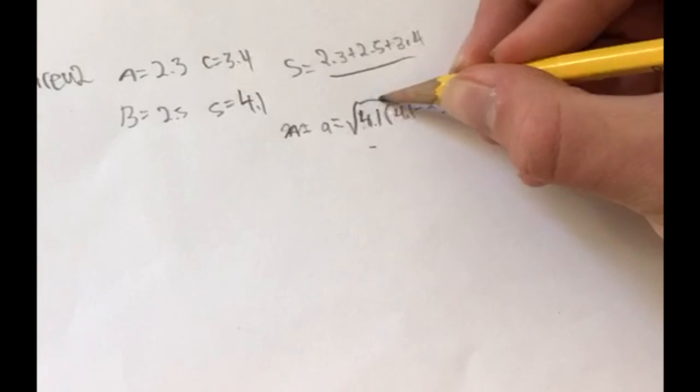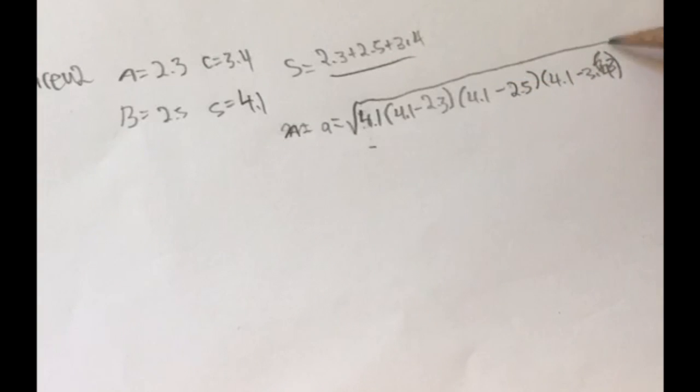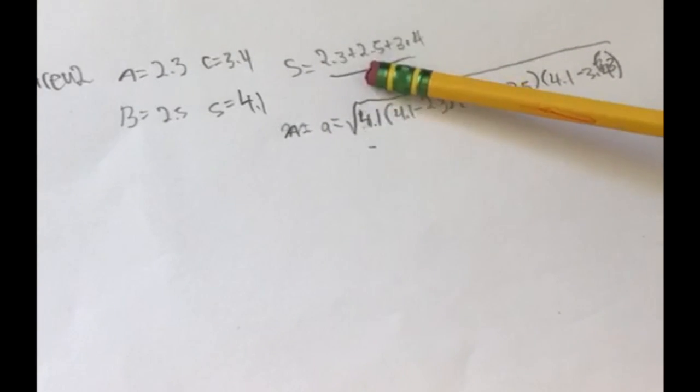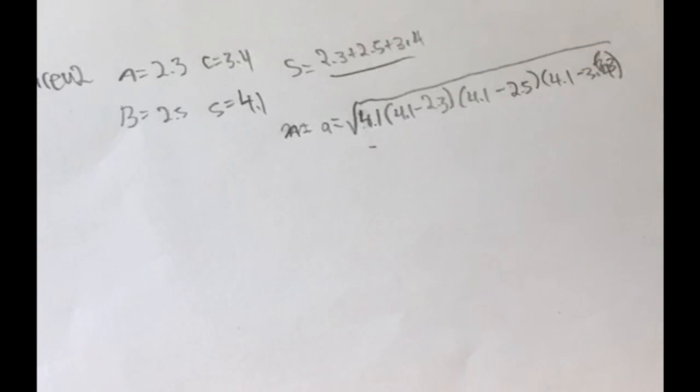Okay, so all of that under a square root, and then we are going to be able to solve for the area of this specific triangle, of this certain area of Texas.